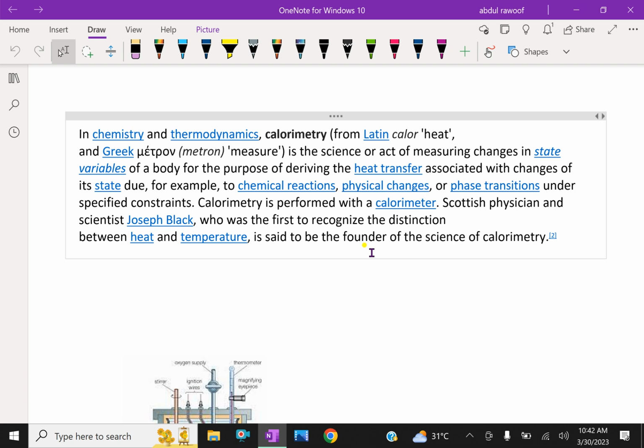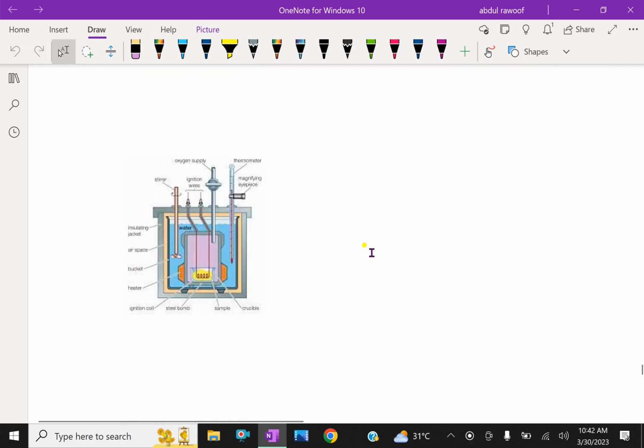Combustion reactions are always exothermic. That means they release heat. The enthalpy changes of combustion reactions are determined by using a bomb calorimeter, such as the one given in the figure. This instrument is a sturdy steel vessel in which the sample is ignited electrically in the presence of high pressure oxygen.